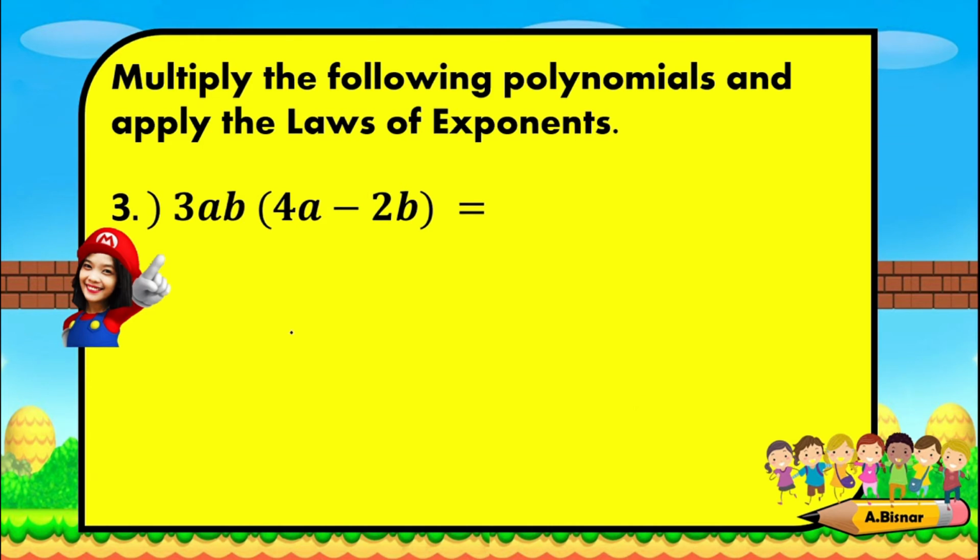Another, 3ab times the difference of 4a and 2b. So we'll multiply 3ab to 4a. 3ab times 4a minus 3ab times 2b.